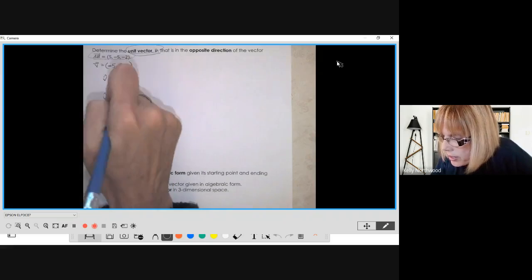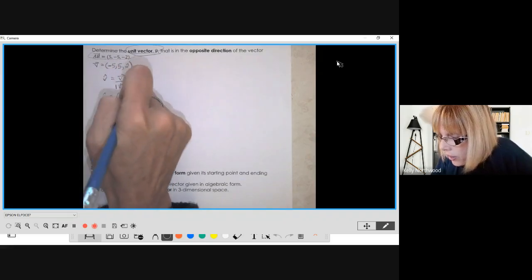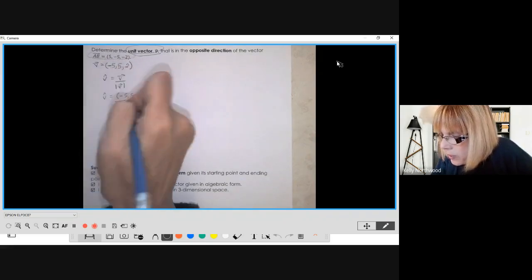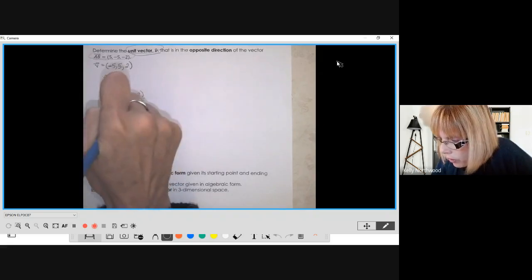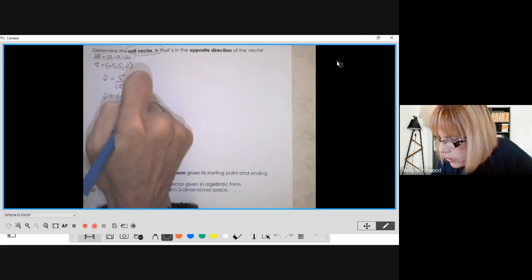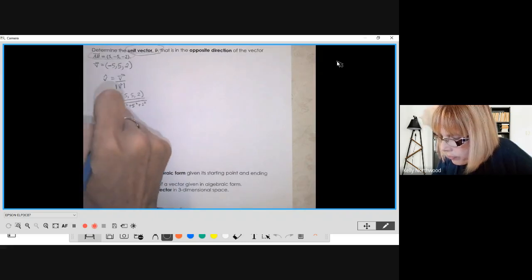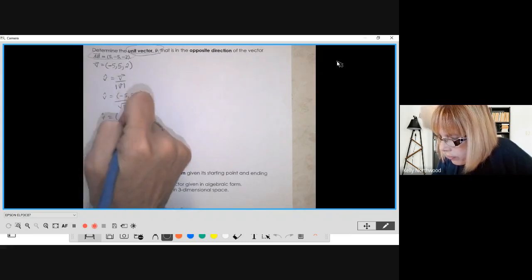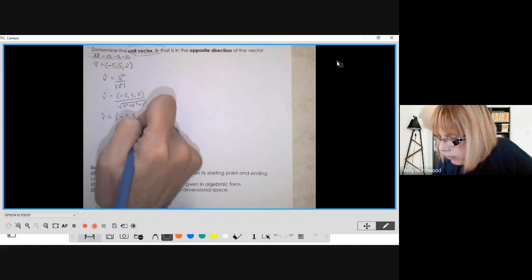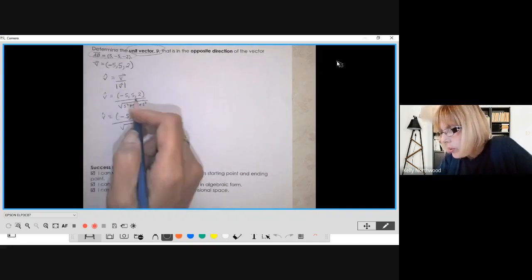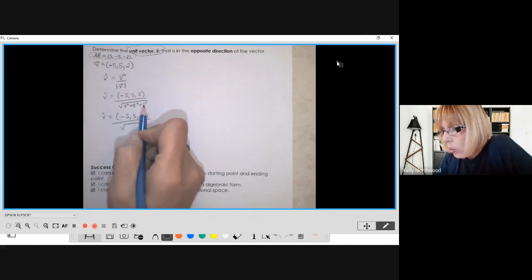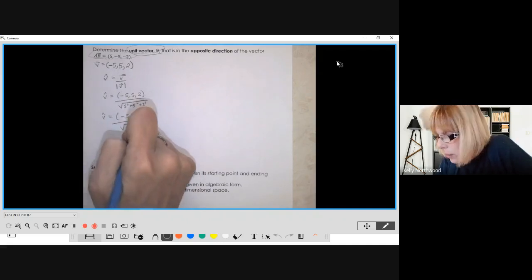So vector V is -5, 5, 2. Its magnitude is going to be the square root of 5 squared plus 5 squared plus 2 squared, which is the square root of 54, which is not a perfect square.